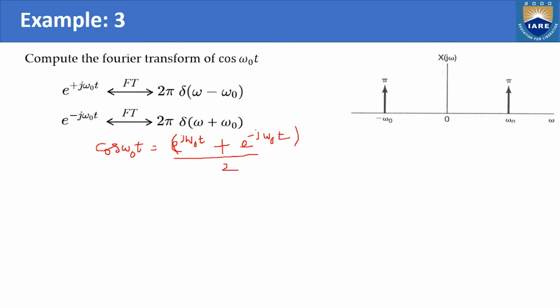So what does it mean? What is the Fourier transform of this first one?